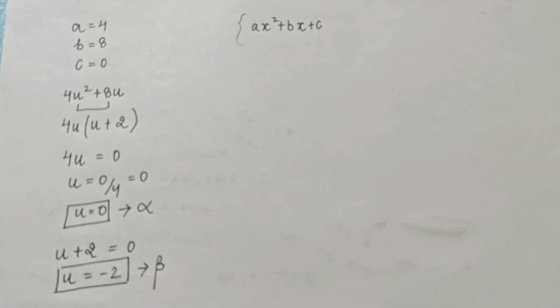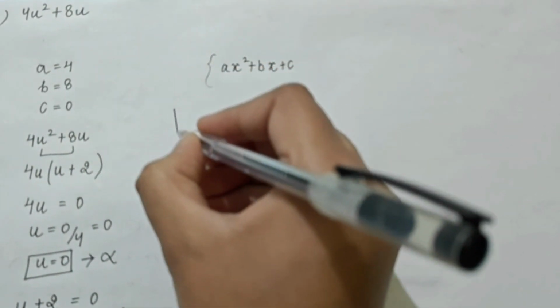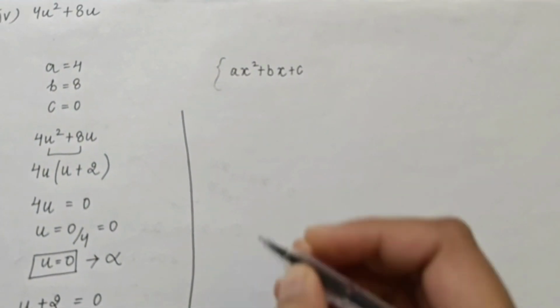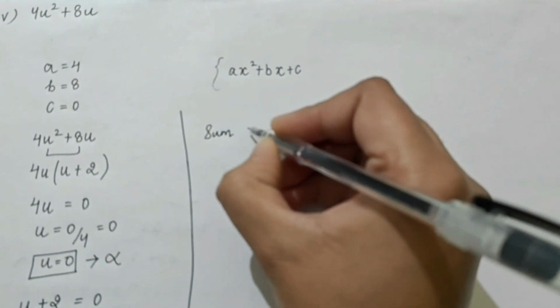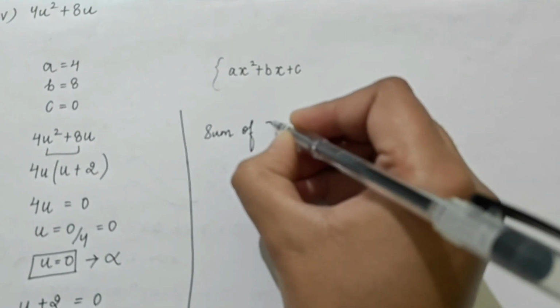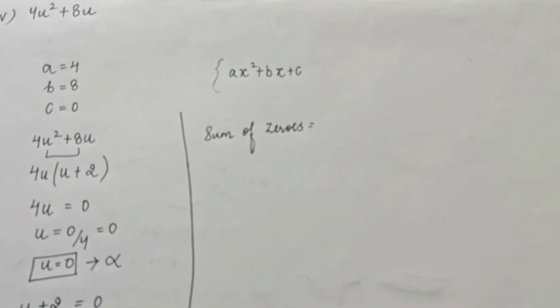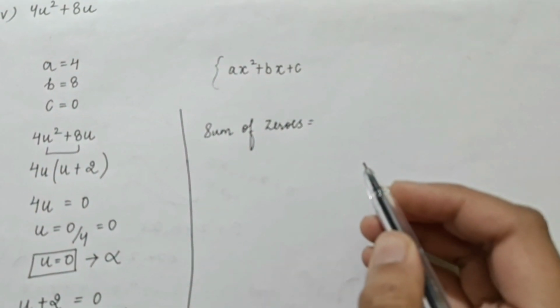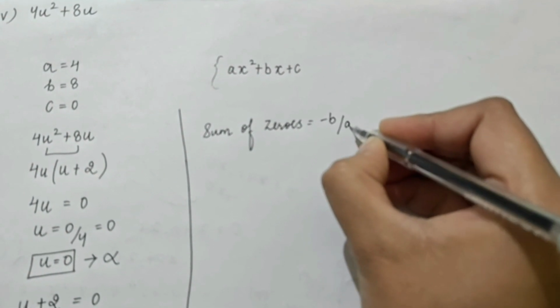Okay, now we need to verify the relationship between the zeros and the coefficients. Okay, let's do that. Sum of zeros is equal to minus b by a.